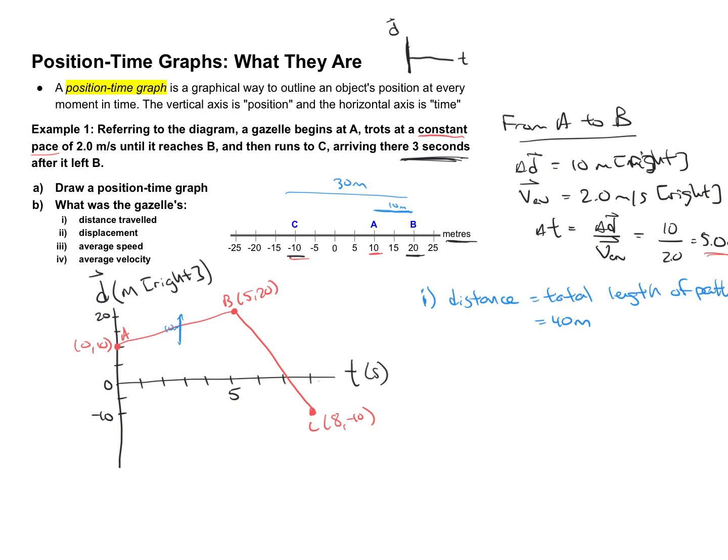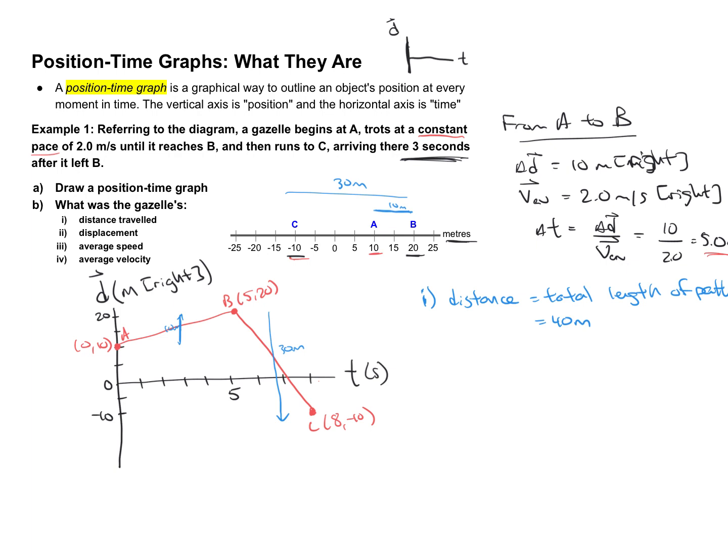And then from B down to C, it went down from 20 down to -10. It went down by 30 meters. And then realize that you add those together, 10 plus 30 is 40, and that gives you the total distance that the object traveled. So it's trickier to calculate it just from this graph versus the number line from before. Okay, I'll leave those there.